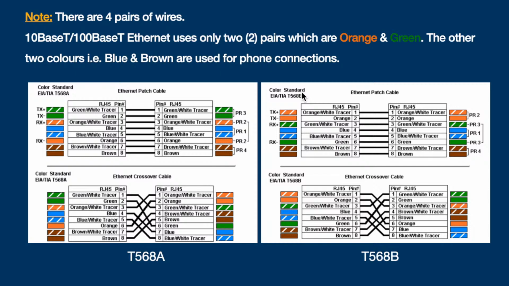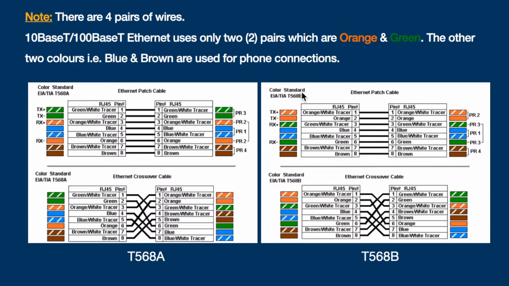Out of those 8 wires, only 4 wires are actually used in Ethernet, in the internet. The others are just there.